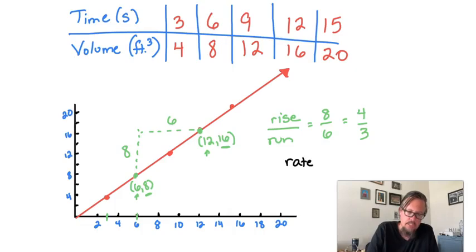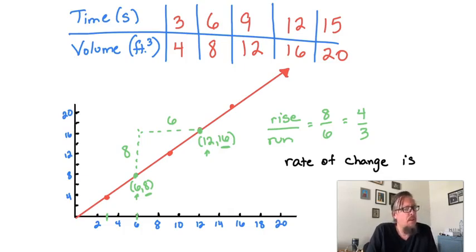So the rate of change is 4/3, but 4/3 what? What were we measuring? Well, our units were cubic feet and seconds.